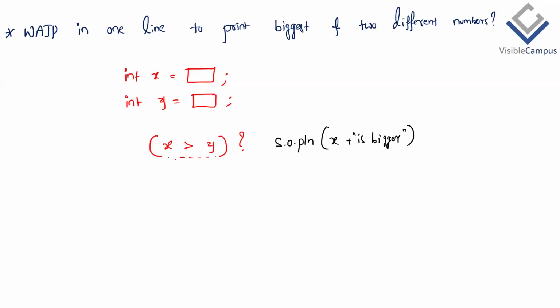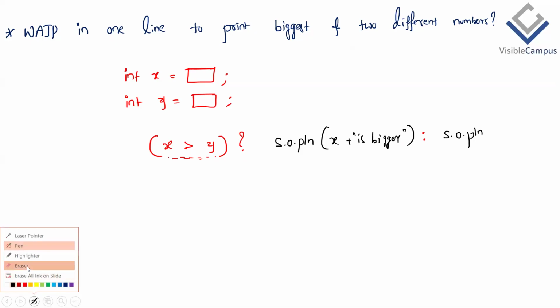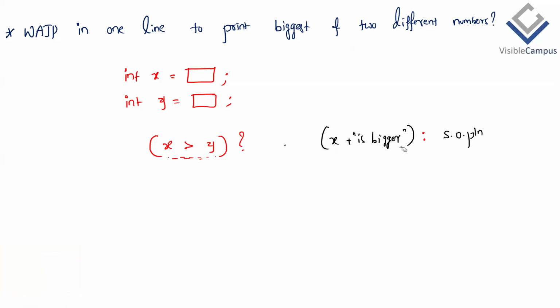Obviously y. Therefore, colon is the separation as per the syntax. Now what's the next expression? System.out.println. So the first conclusion is x is bigger, or the second conclusion, y is bigger.